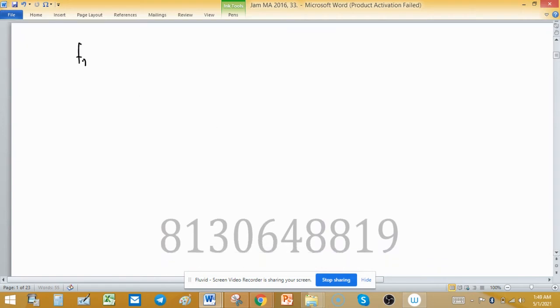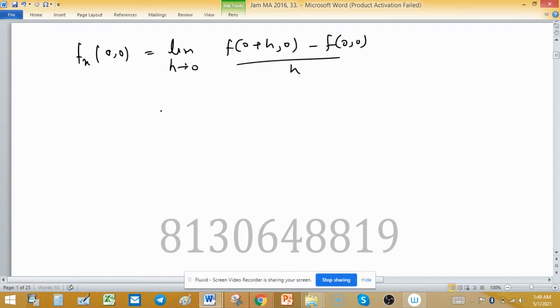So fx at (0, 0) can be explained by the limit as h tends to 0 of f(0 plus h, 0) minus f(0, 0) divided by h, and this can be written as the limit as h tends to 0 of f(h, 0) minus f(0, 0) divided by h.